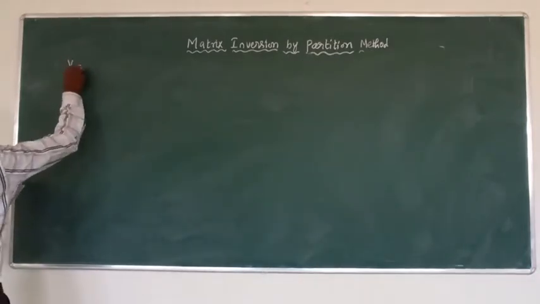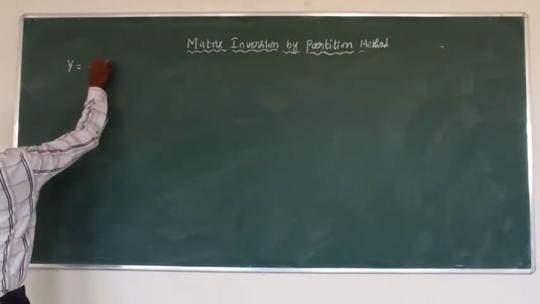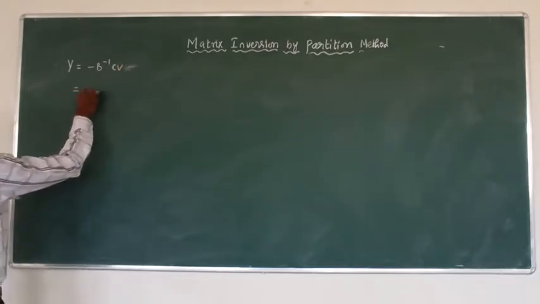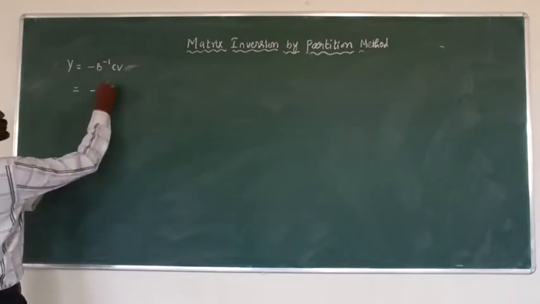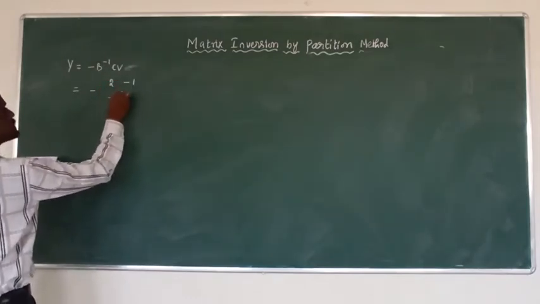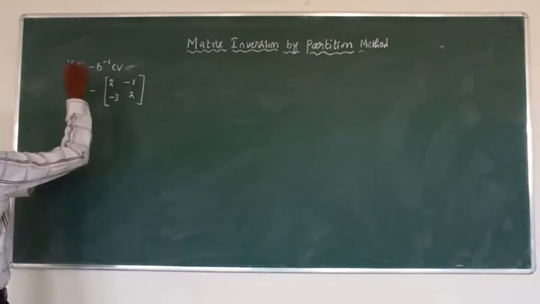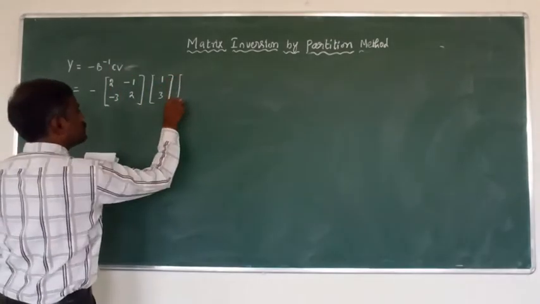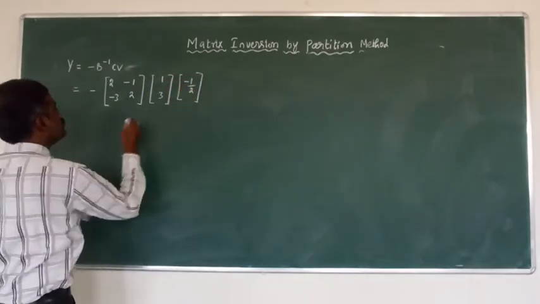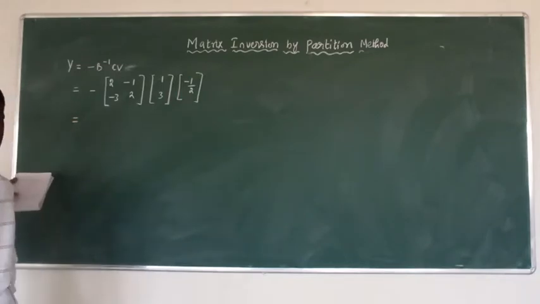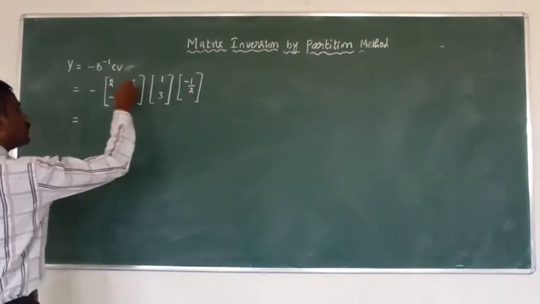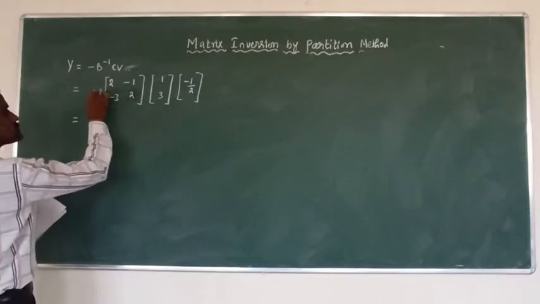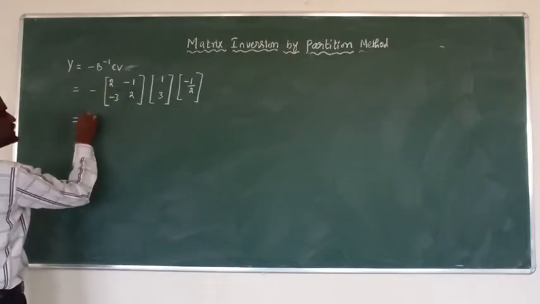Next, to find out Y equal to minus B inverse C V. Here minus B inverse value 2, minus 1, minus 3, 2, and C value 1, 3, and V value minus 1 divided by 2. Okay, we can take this 1 divided by 2 here, and also we can multiply the minus sign here.